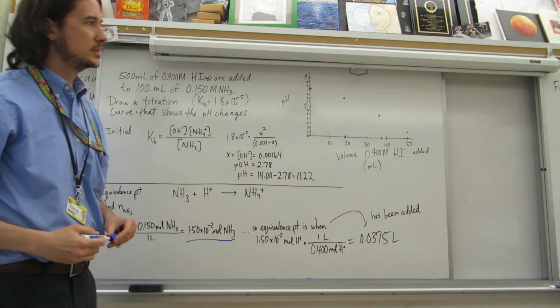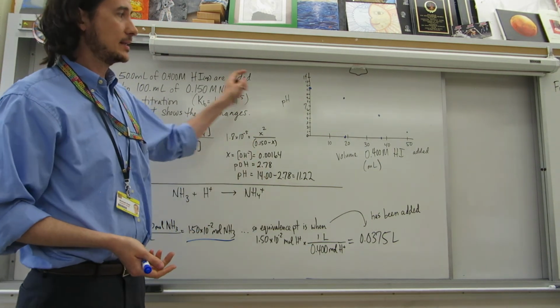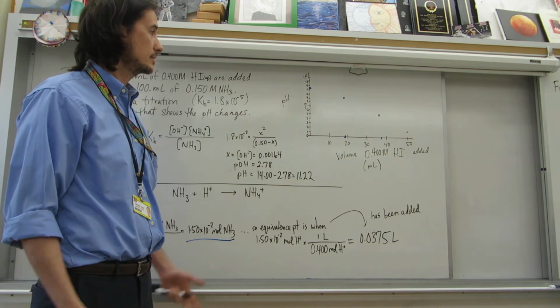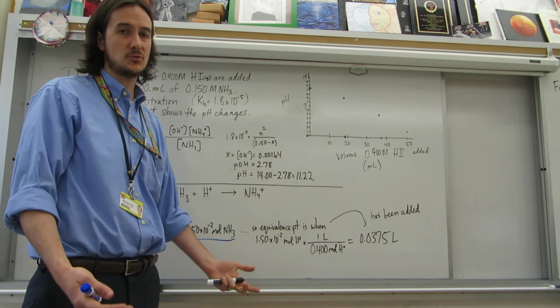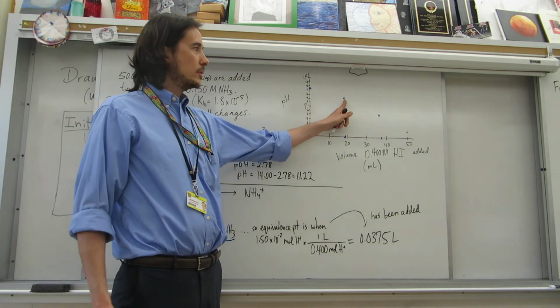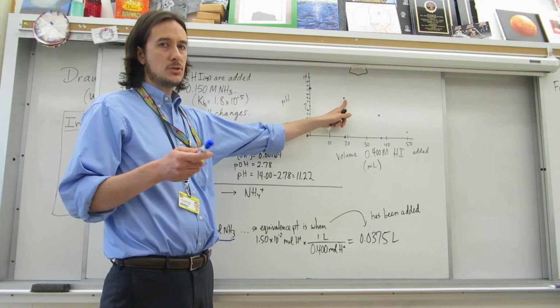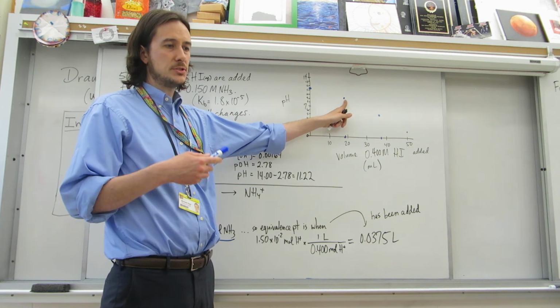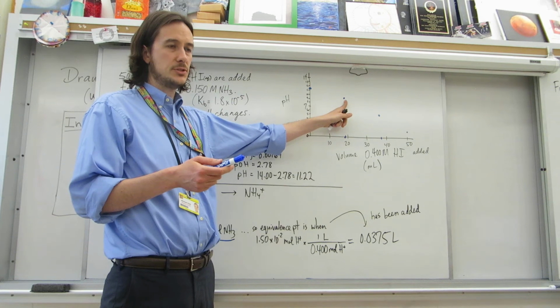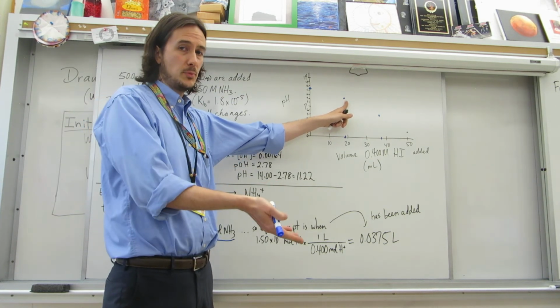All right, we got these 4 points, and looking at it, I don't know if my graph is off a little bit, but I could draw a straight line and pretend that that's right, but that's not the way these work. At the half equivalence point, that's where you have a weak base and its conjugate acid, and so that solution is going to resist changes in pH. That solution can accept protons, that solution can donate protons.